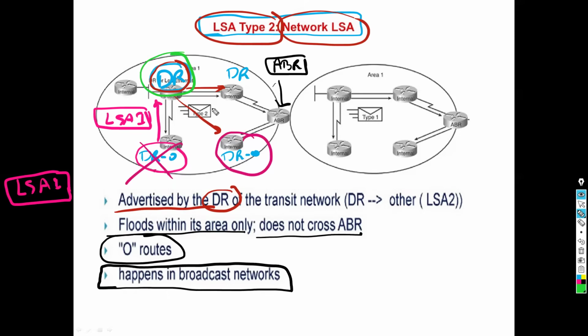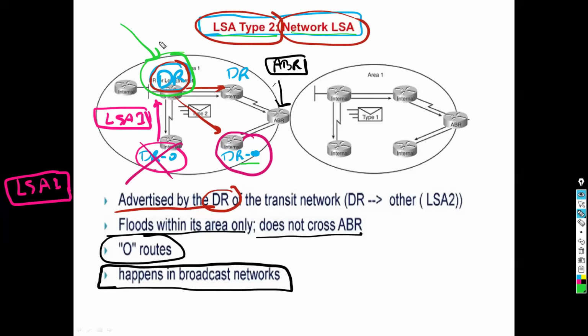Whenever any change happens, all the routers send the update to the DR router, then the DR propagates this information to the rest of the routers. So if the DR router is not receiving any update, the problem is related to network LSA, LSA type 2, and to the DR router. Clear now?